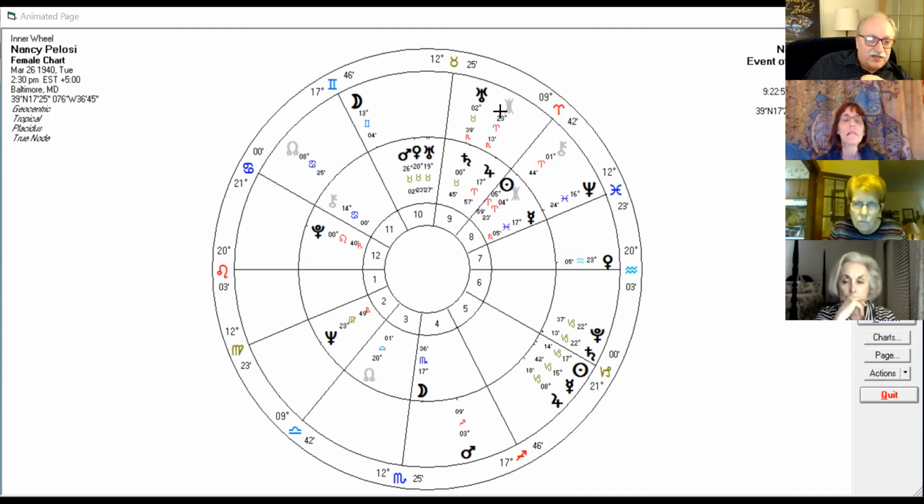Eris is the one that's raising hell. The Eris negative side is the Trump cult. So 23 of Aries is moving very, very slowly, and it's at a right angle to Saturn and Pluto. Saturn and Pluto squaring Eris. This is the entire story, what's going on right now.